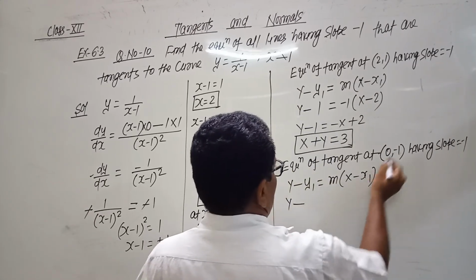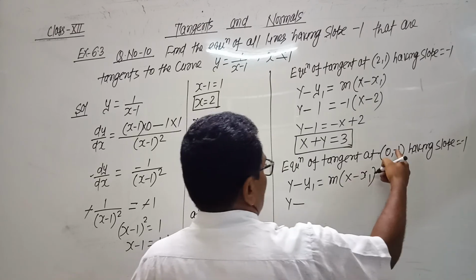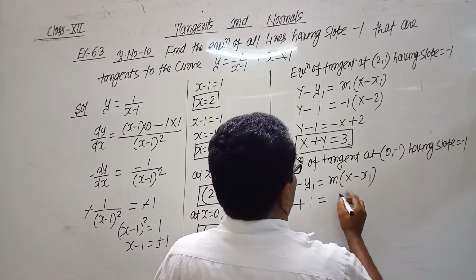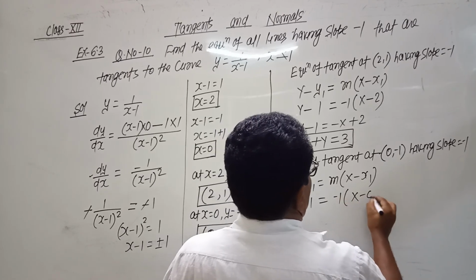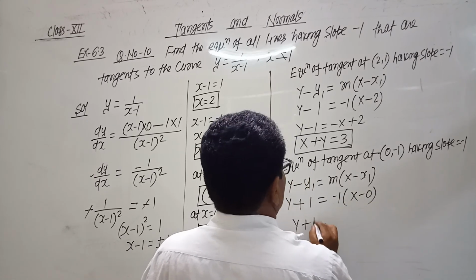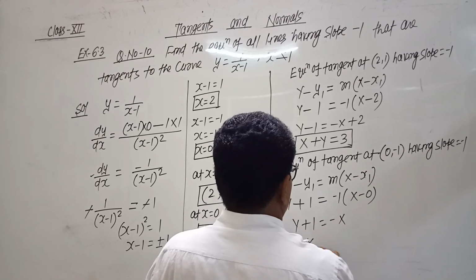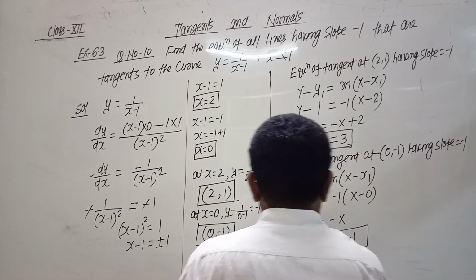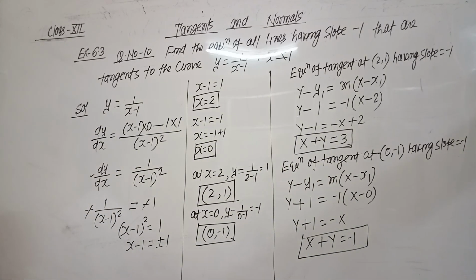The value of y1 is minus 1, so minus minus becomes plus, and m is minus 1, and x1 is 0, so y plus 1 equals minus x, and this becomes x plus y equals minus 1. So this is the other equation, x plus y equals minus 1, and x plus y equals 3. So these are the equations of the tangents.